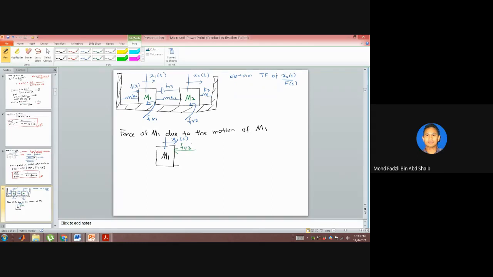If FV3 in S domain becomes FV3 times S, right, times X1 S. Okay, the force, you see, this force will be different for different direction.